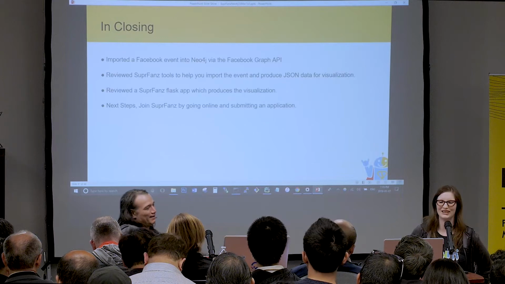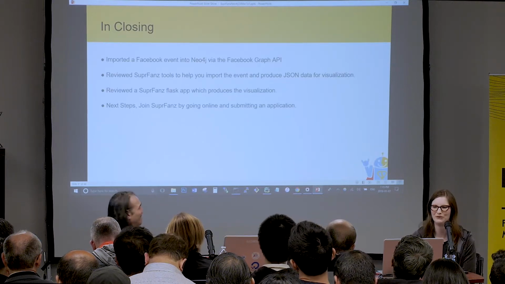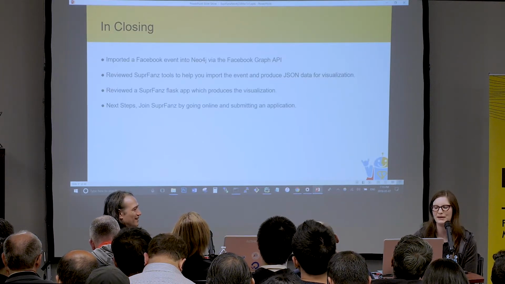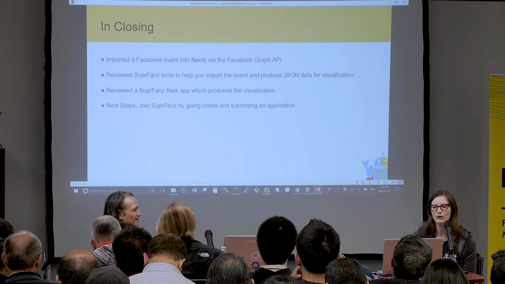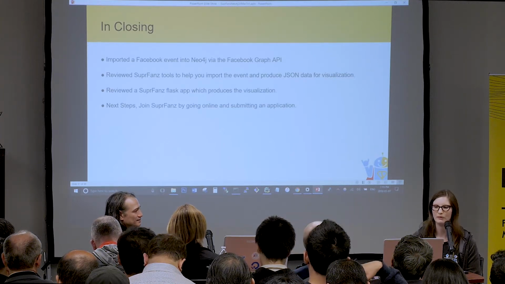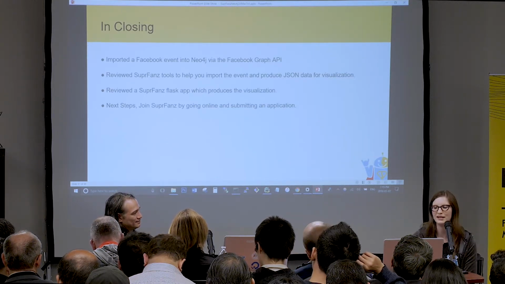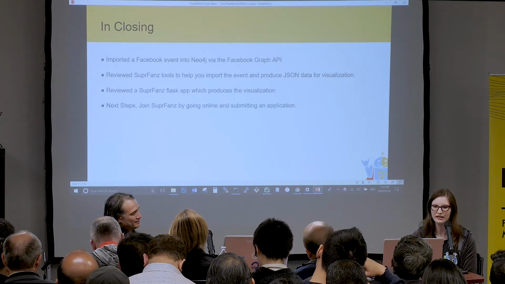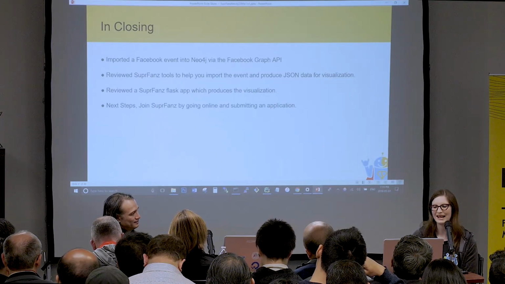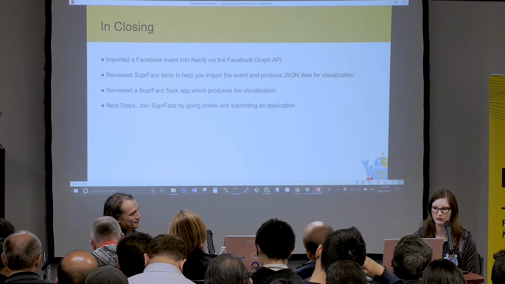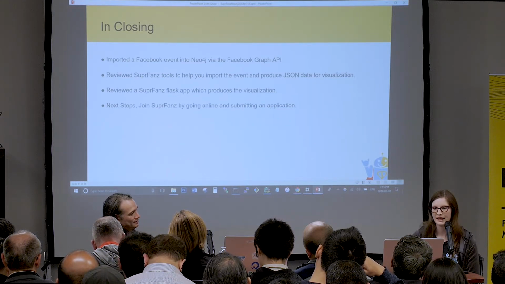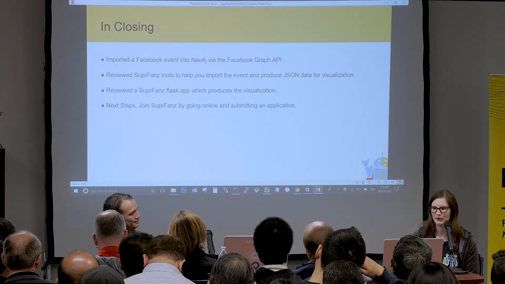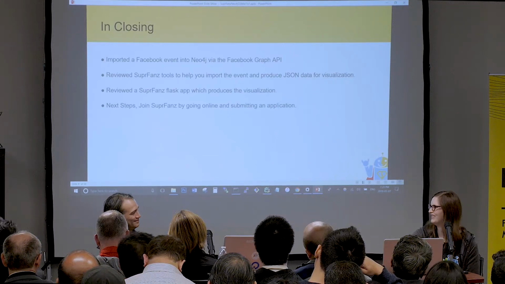Okay. So in closing, we imported a Facebook event into Neo4j via the Facebook Graph API, reviewed Superfans tools to help you import the event and produce JSON data for visualization, and reviewed a Superfans Flask app, which produces the visualization. Next steps: join Superfans by going online and submitting an application.